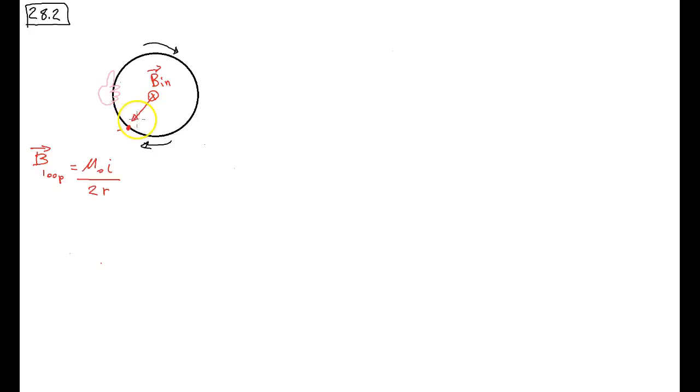So if you average it out across a whole bunch of orbits, then it averages out to 0 because it's always pointing in some different direction around the circle.